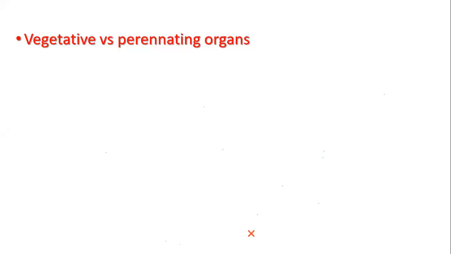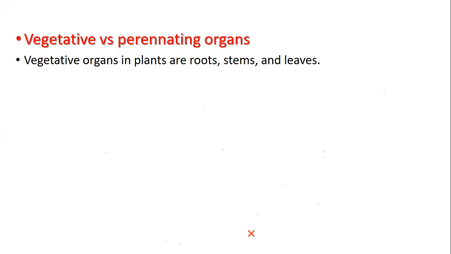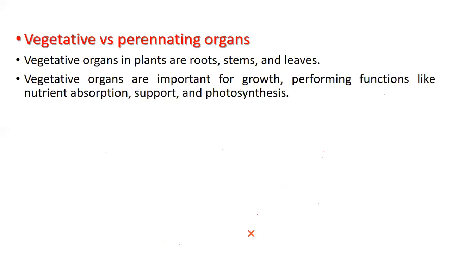Okay, well, let's see what it is. So vegetative organs are simply the roots, stems, and leaves if they are used in reproduction. And they usually participate in absorption of nutrients, support, and photosynthesis.